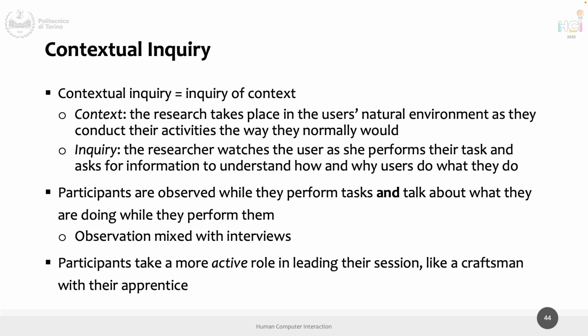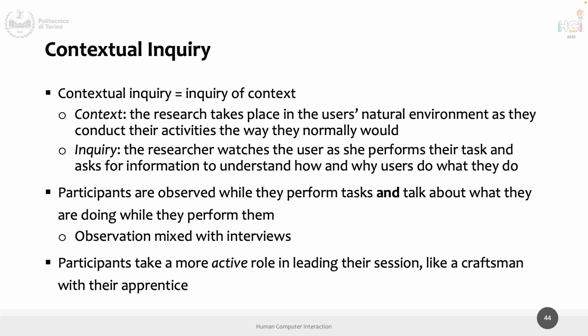And the inquiry is you watching people as they perform their activities and at the same time asking for information. Have people talk while they do the activity to understand how and why they do what they do. So people are observed while they perform tasks and talk about what they are doing while they perform them. So it's really observation mixed with interview.